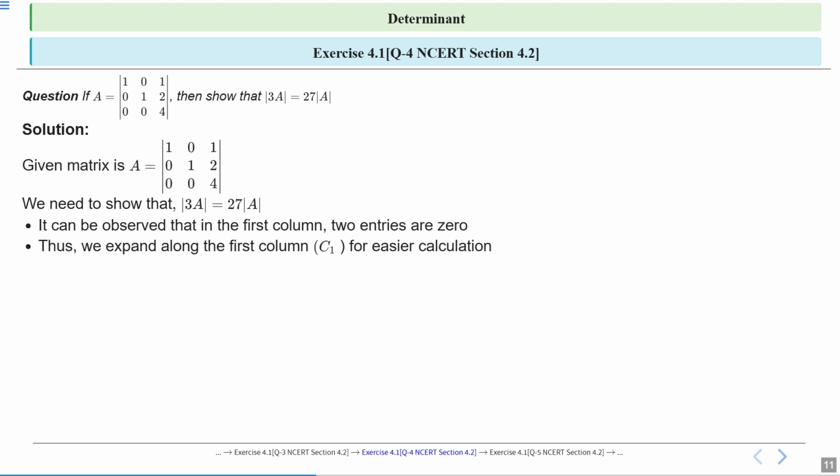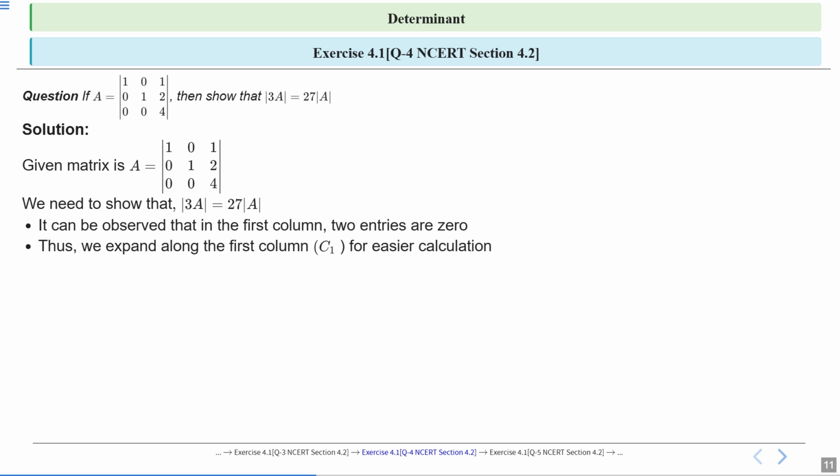So, as I already discussed in the theory part, if we want to calculate the determinant of order 3 cross 3, we have to calculate the determinants of 3 matrices of order 2 cross 2 and then add them to get the determinant of the matrix of order 3 cross 3.